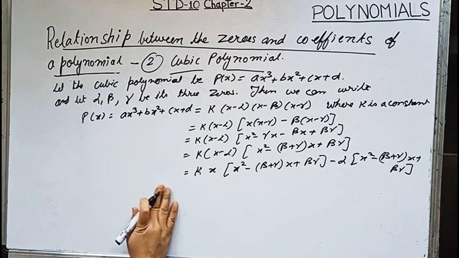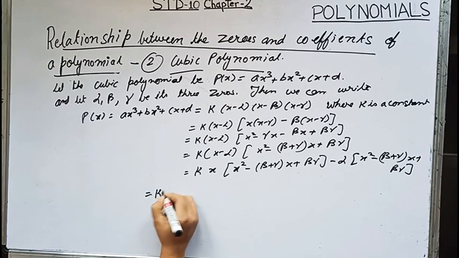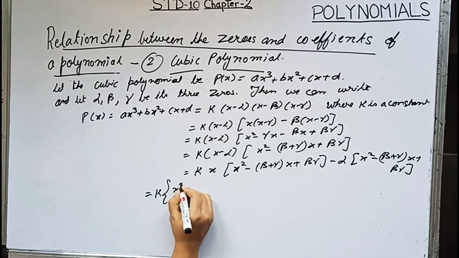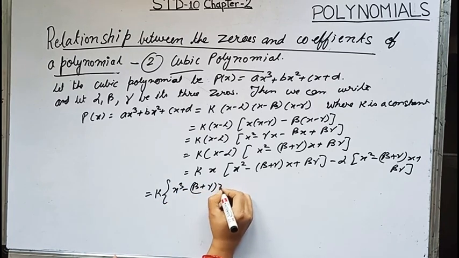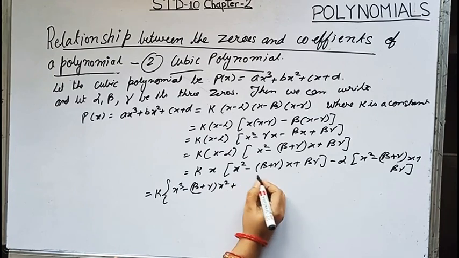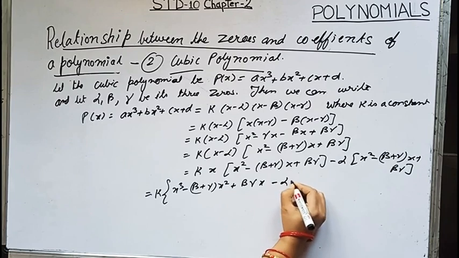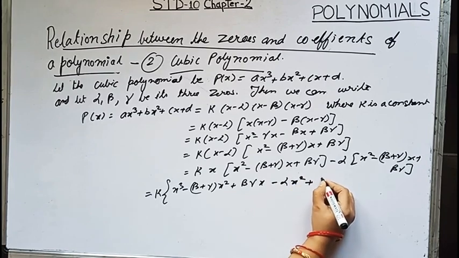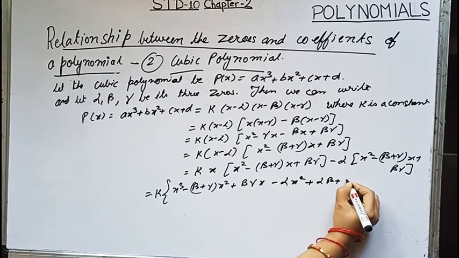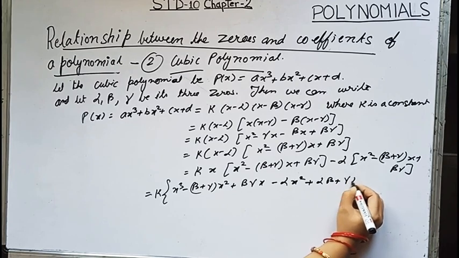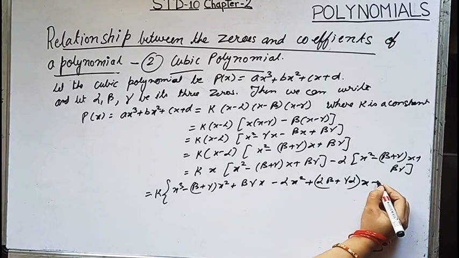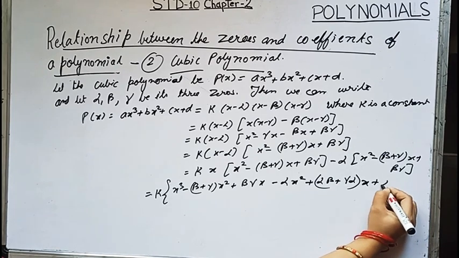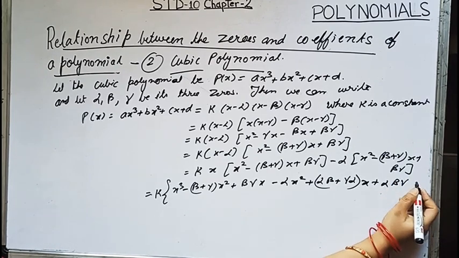This will be equal to k[x^3 - (beta + gamma)x^2 + beta gamma x - alpha x^2 + alpha beta x + alpha gamma x - alpha beta gamma].